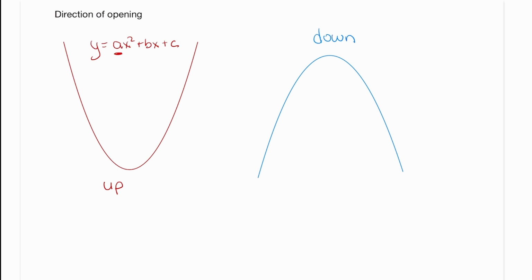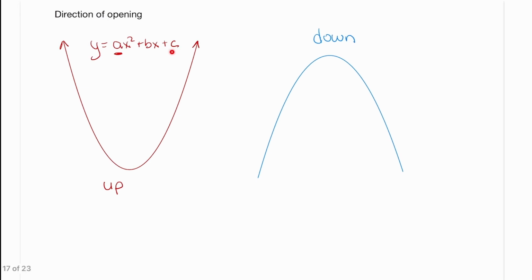Why do we look at the a value? Well, what we want to determine is where the equation is going towards. On this right-hand side, where are we going towards? Are we going to positive infinity, or are we going to negative infinity? Upwards is going to positive infinity, and downwards goes to negative infinity.